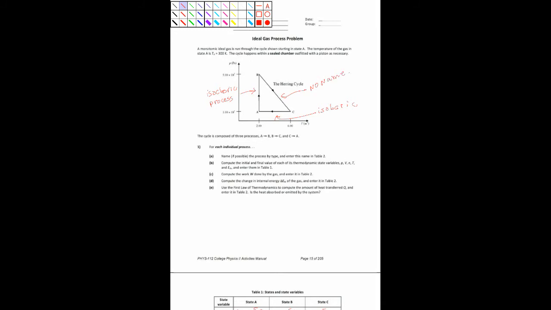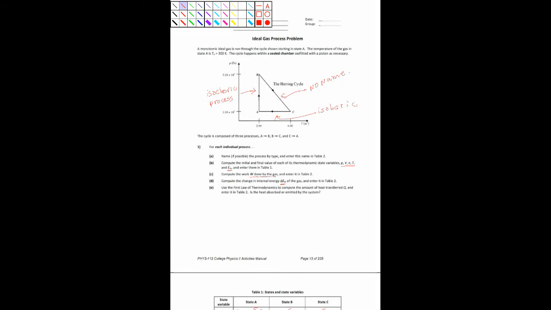Okay? Alright, so what we're going to do is answer all of part one for this Herring cycle. First of all, we're going to find all the state variables for each of the different states, so state A, B, or C. We're also going to find the thermal energy at each state, and then we're going to figure out the work done by the gas to get from one state to the other, and we're also going to find the change in the thermal energy as we move from one state to another.